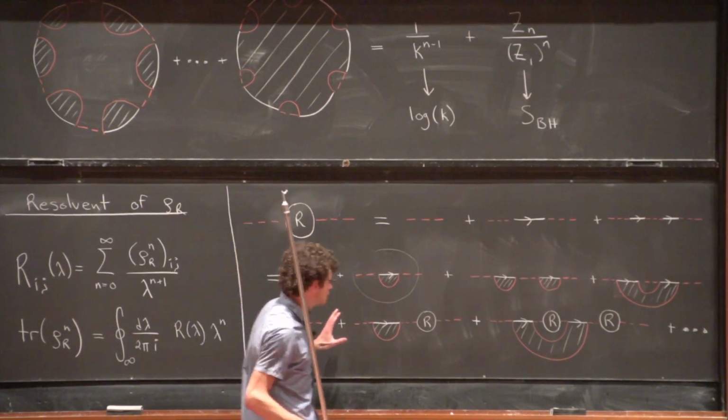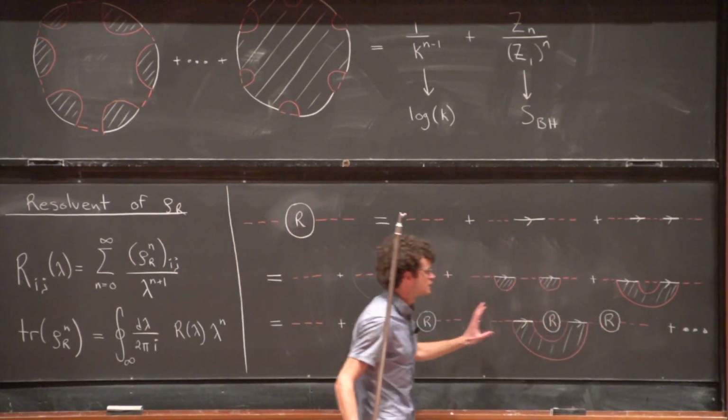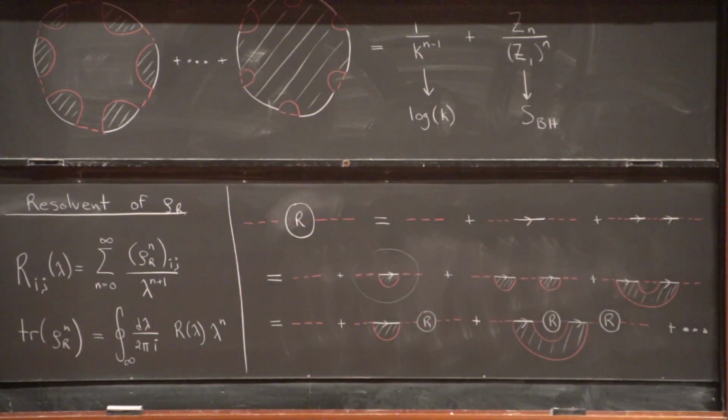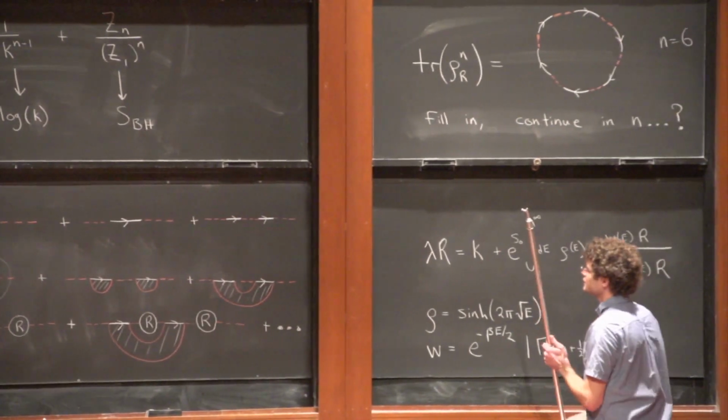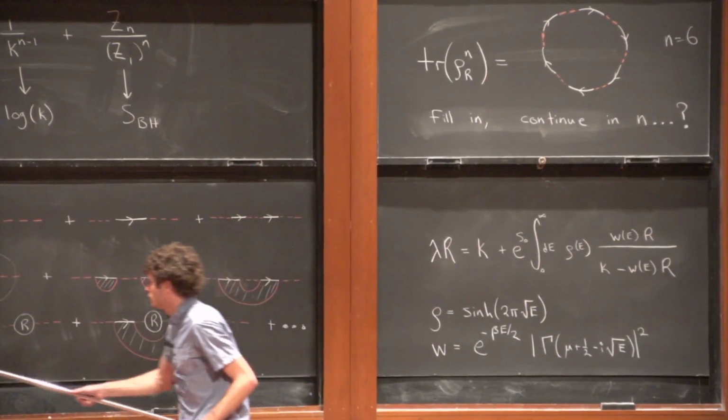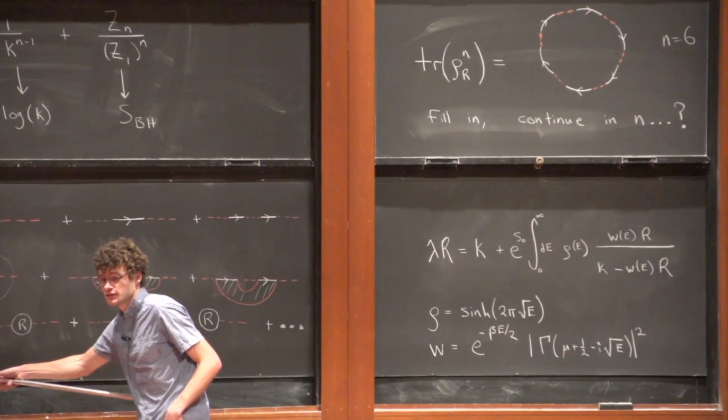That makes it possible to sum up all of these terms here as a geometric series. Okay. The result of that geometric series is the following equation now for the trace of the resolvent, R, the thing that we need in order to compute the purities.